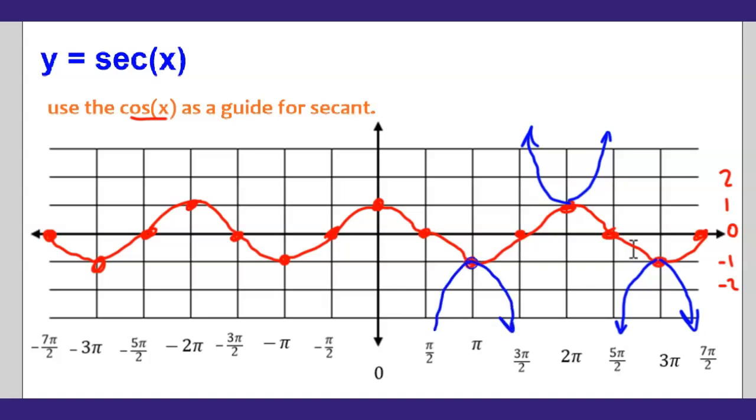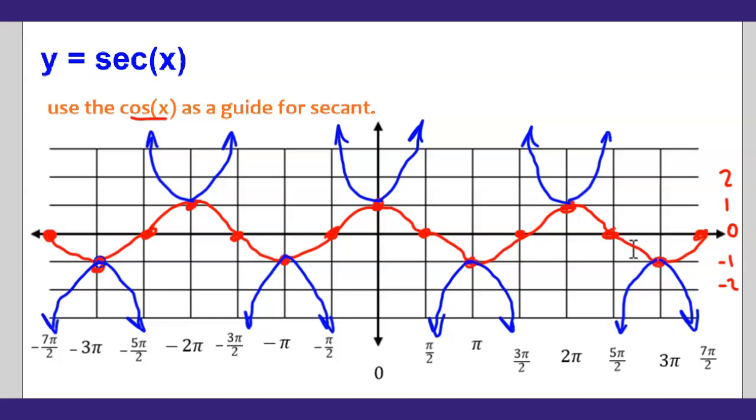And just like the cosecant graph, there are asymptotes on here that this graph cannot cross, which I want to draw in a second so y'all can see them. Again, where there's a valley of cosine, it is a peak for secant.